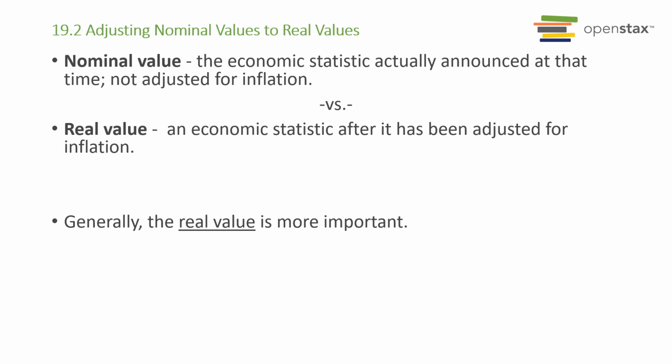Let's suppose we have an employee working for me, and I say, hey, my only employee, I will pay you $10 per hour. Now that $10 per hour is a nominal value, because whenever inflation changes, that $10 per hour has a different value, right? So imagine we have high inflation, so everything is getting more and more expensive, then that $10 per hour is worth less and less now.